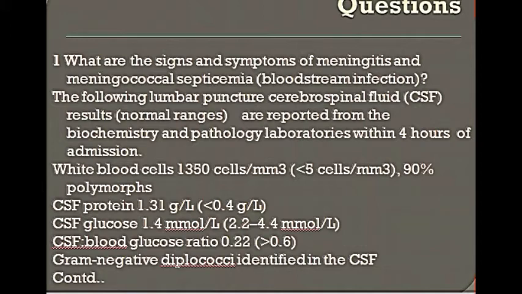The concentration of glucose is usually less than 50% of the blood glucose in bacterial, tuberculosis and cryptococcal meningitis, but normal in viral meningitis. This is basically due to impaired CNS glucose transport and consumption of glucose by microorganisms and neutrophils.